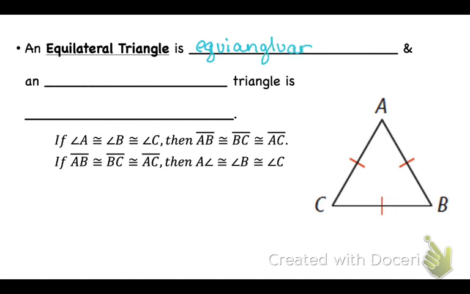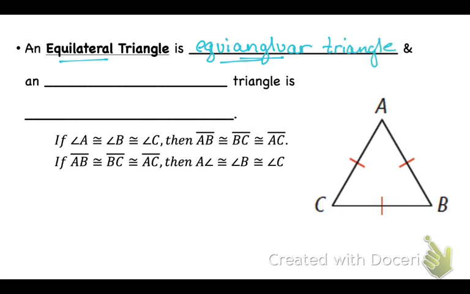Okay, what does that mean? They're all equal. What are all equal? All the angles, right? So if all the sides are equal, then all the what are equal? Angles. So an equilateral triangle is an equal angular triangle.